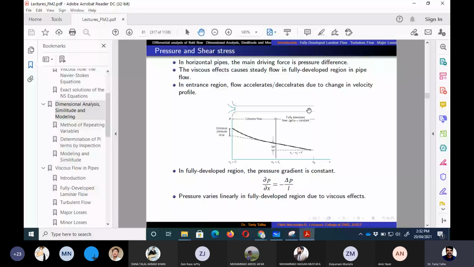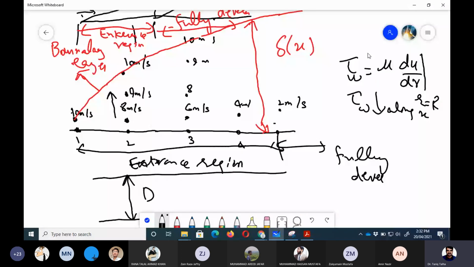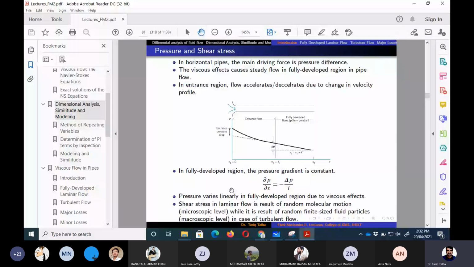So pressure varies linearly in the fully developed region due to viscous effects, and shear stress in the laminar flow is the result of random molecular motion, which is depicted by this relation: tau omega is equal to mu du by dr. In the turbulent case, it is macroscopic, due to the random motion of the fluid particles, right?